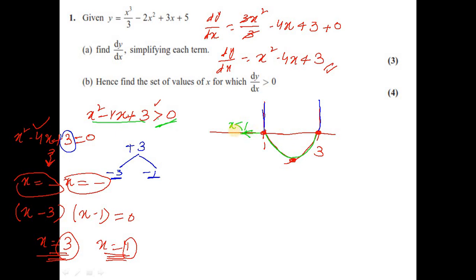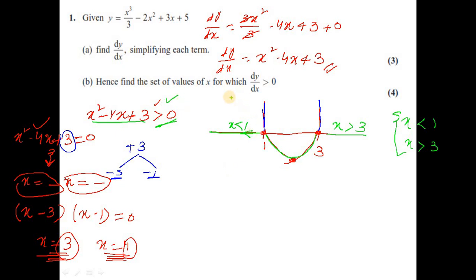For x more than 3, you also have positive values. That means all the values of x less than 1 and more than 3 will satisfy the inequality. So the set of values is x less than 1 and x more than 3. These are the set of values which satisfy our inequality.